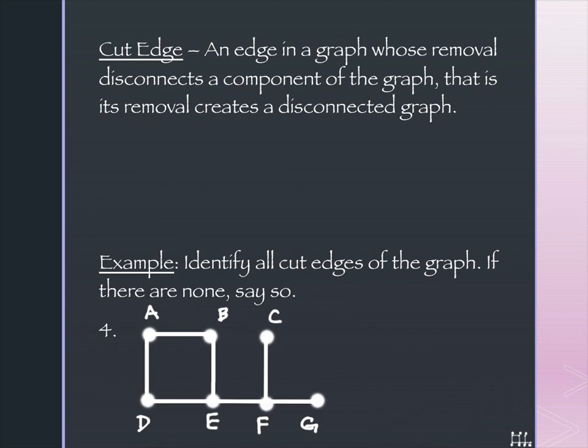Okay, so once you have that written down, I'm going to draw you both an example and a non-example of graphs that have cut edges, so that you can see what those look like.